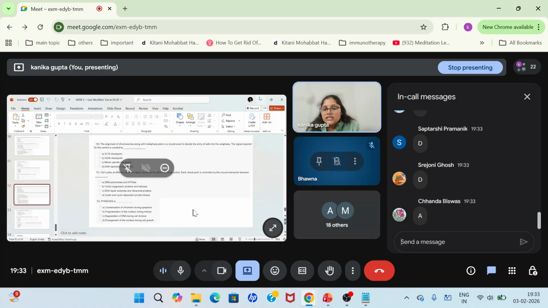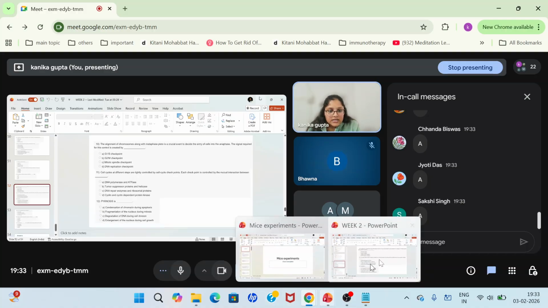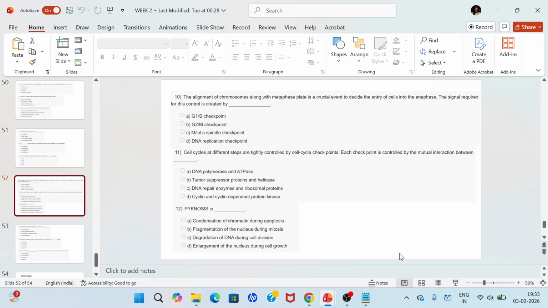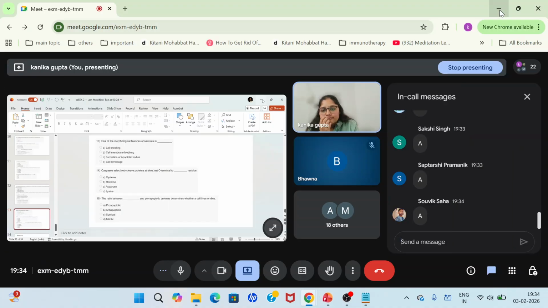Yes, it is a condensation of chromatin during apoptosis. Question number 13. One of the morphological features of necrosis is. Yes, it is cell swelling.